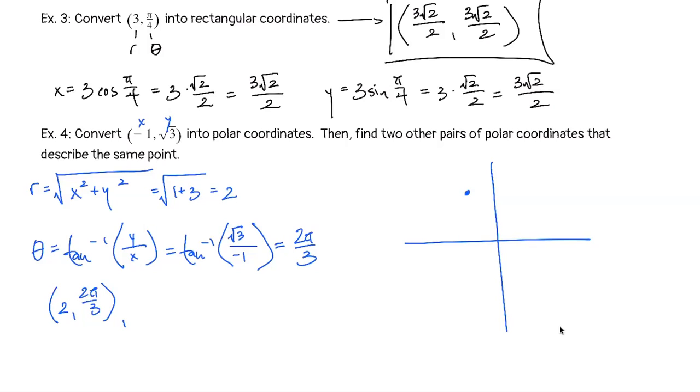Where's 4 pi over 3? In quadrant 3. So if I want the negative, that's going to end up in quadrant 1 somewhere. So I like the thinking, but let's pick a different angle. Okay. What angle, if we have an r of -2, will still get us to 2 pi over 3?